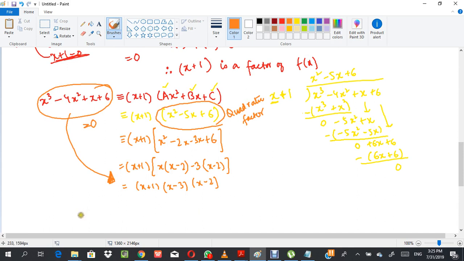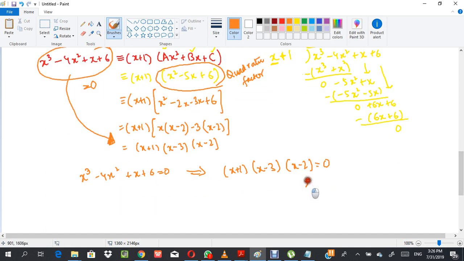This means that x cubed minus 4x squared plus x plus 6 equal to 0 is actually the same thing as x plus 1, x minus 3, x minus 2 whole is equal to 0. This gives me x is equal to negative 1, 3 and 2. And this is how I can solve my cubic equation.